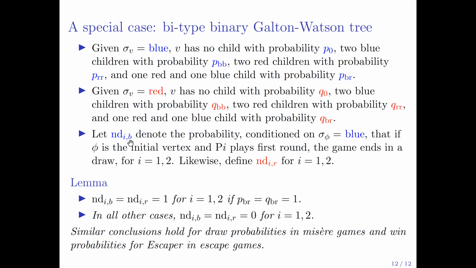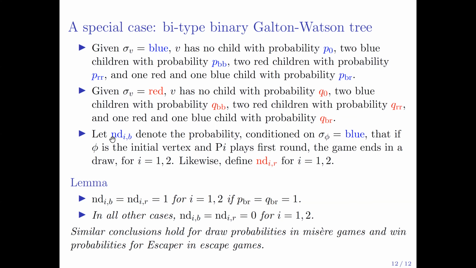I briefly mentioned the sets capital ND1B, ND2B. Those are the sets of vertices such that if you start the game from such a vertex, and let player Pi, where i is either 1 or 2, play the first round of the game, then the game ends in a draw. The D stands for draw.